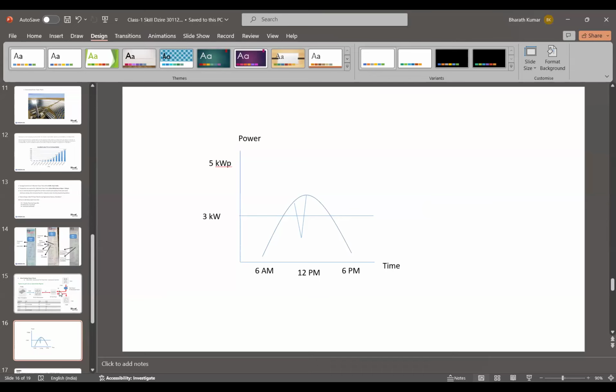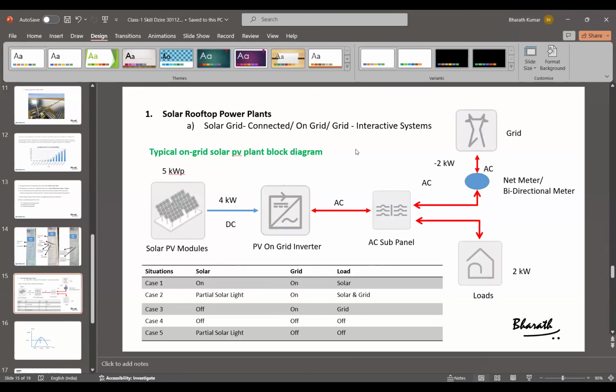Initially, I told you, a lot of people who don't have proper knowledge committed to the client that if you set up a solar on-grid system, it will feed your entire house 24 by 7 power. Some miscommunicated like that, and after installing, if the grid fails, the entire system is off.